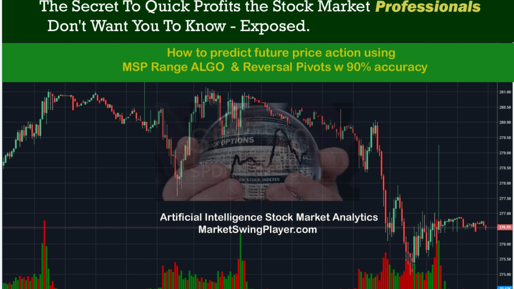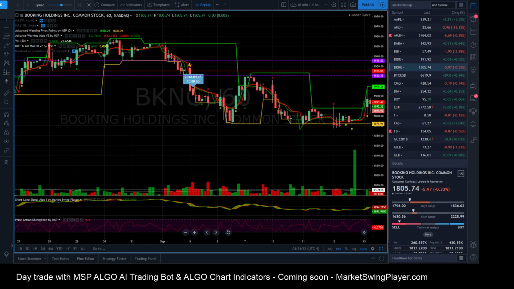So the key to making quick profits is to exit your positions. Do not hold on to those options and swing in these sorts of environments. That is what the professionals who are selling these premiums don't want you to know, is that a lot of people like to stay in their positions when a market is really chopping.